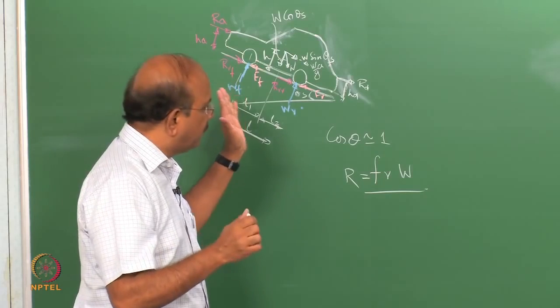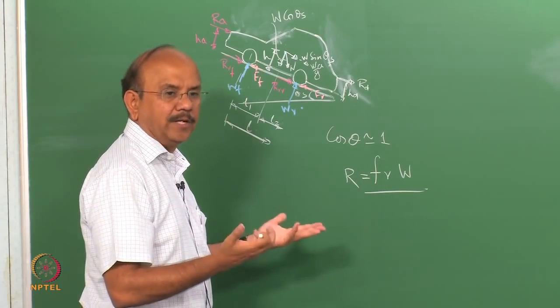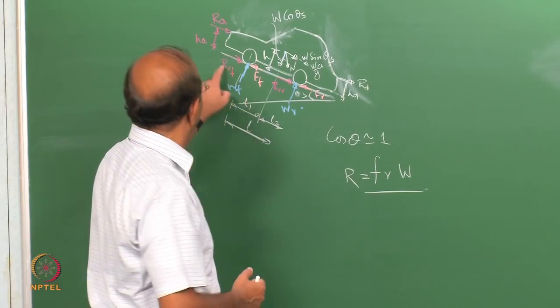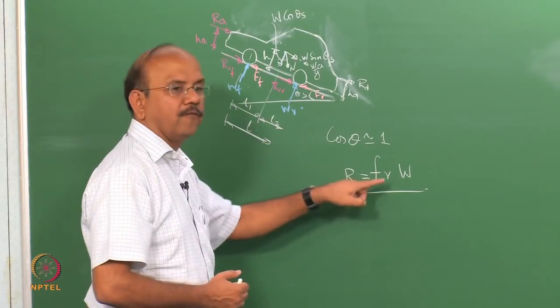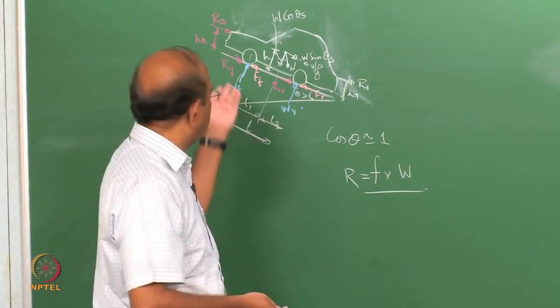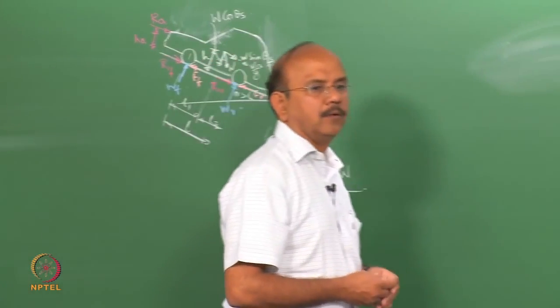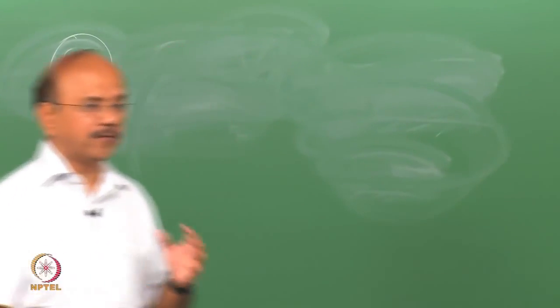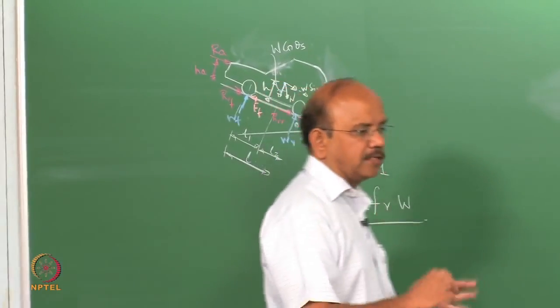But I'm assuming that theta is very small, so cos theta is equal to 1, so I'm just replacing this RRF as Fr into WF and so on, okay? Now again, the rolling resistance coefficient, we are assuming that is the same in the front and the rear, okay? So these are small assumptions.